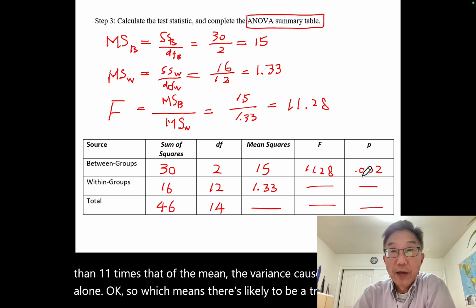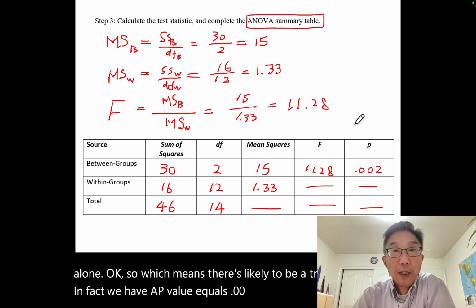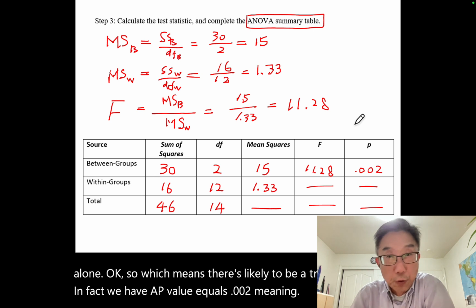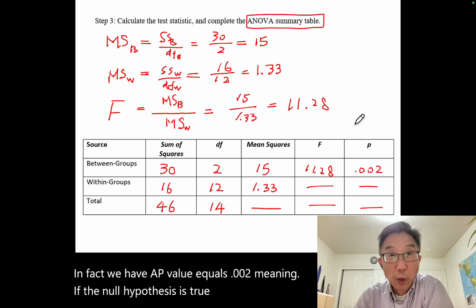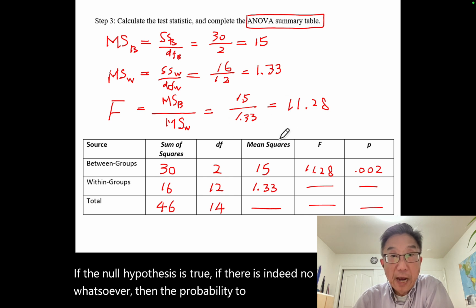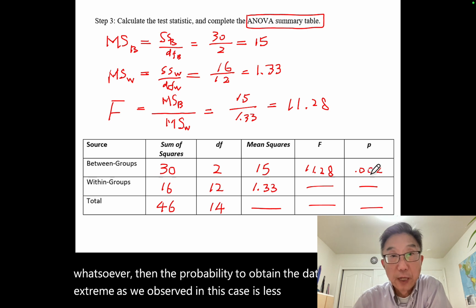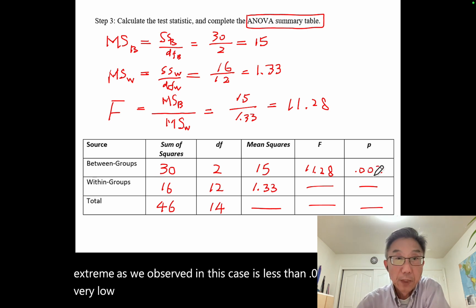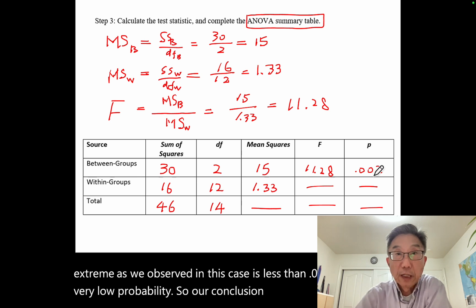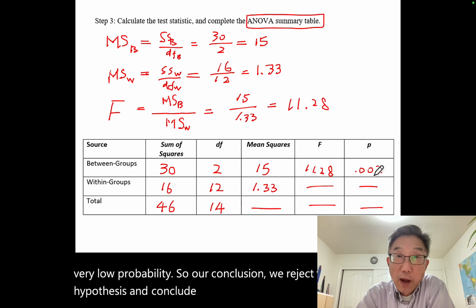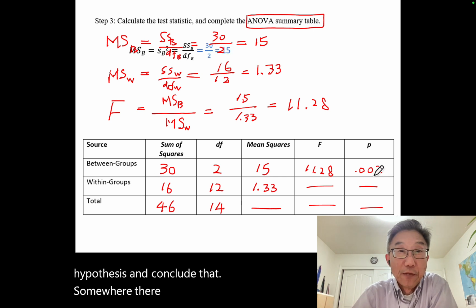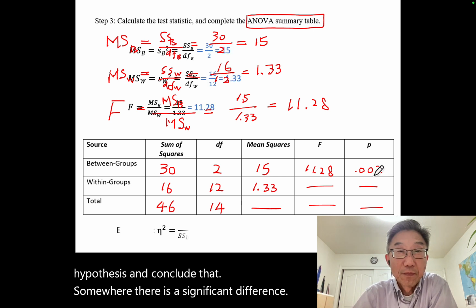In fact, we have a p-value equals 0.002, meaning if the null hypothesis is true, if there's indeed no difference whatsoever, then the probability of obtaining data as extreme as we observed is less than 0.002, which is a very, very low probability. So our conclusion: we reject the null hypothesis and conclude that somewhere there is a significant difference.